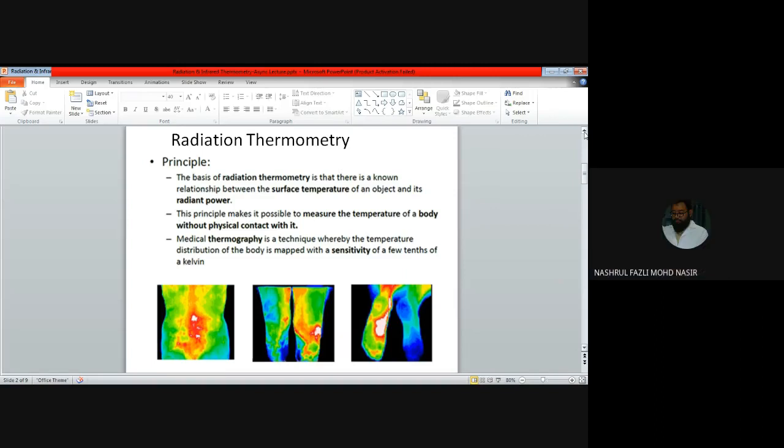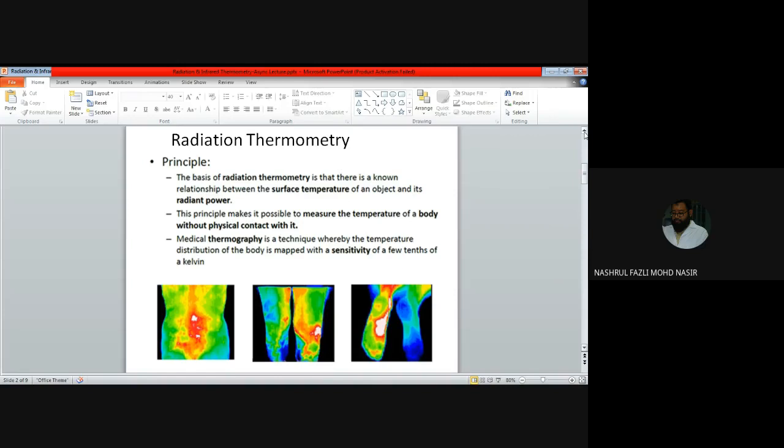This is where this idea will be good, if we can use a type of thermometry that works by radiation, by detecting the surface radiation of our body.